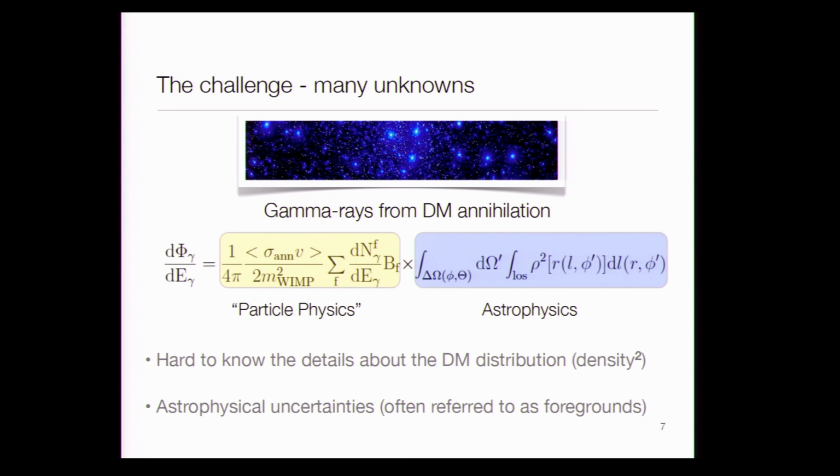And then there is the astrophysical factor that is basically given by the squared density of dark matter in the universe. Of course, if we ever detect them, we could start to measure these things. But given that we haven't detected anything, we can make assumptions about this part and constrain this part. And this is what generally is done.